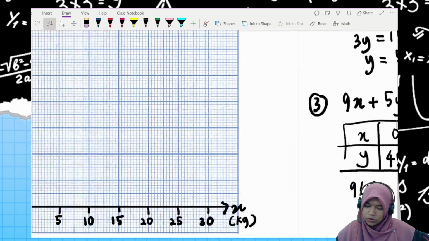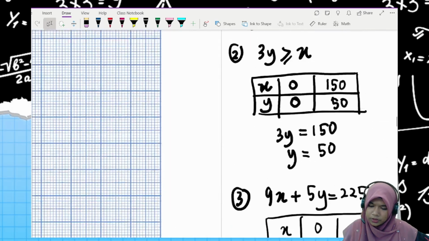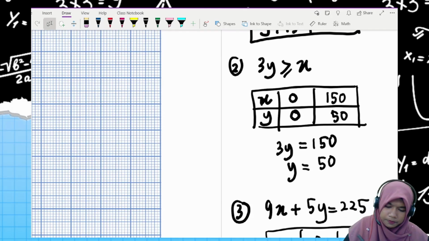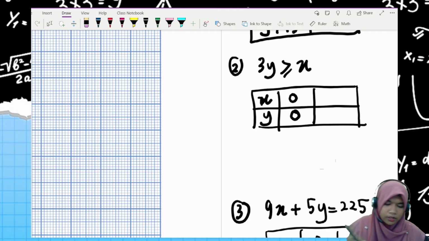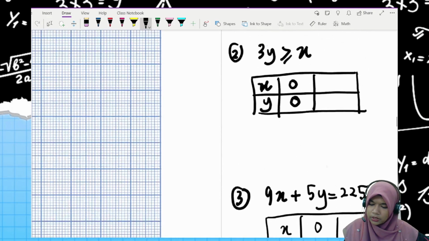So I think I have to change my value for the second equation. We cannot take 150 and 50, because it does not fit in the graph. So I would take, let's say, 20, or 20 is not possible, 30.